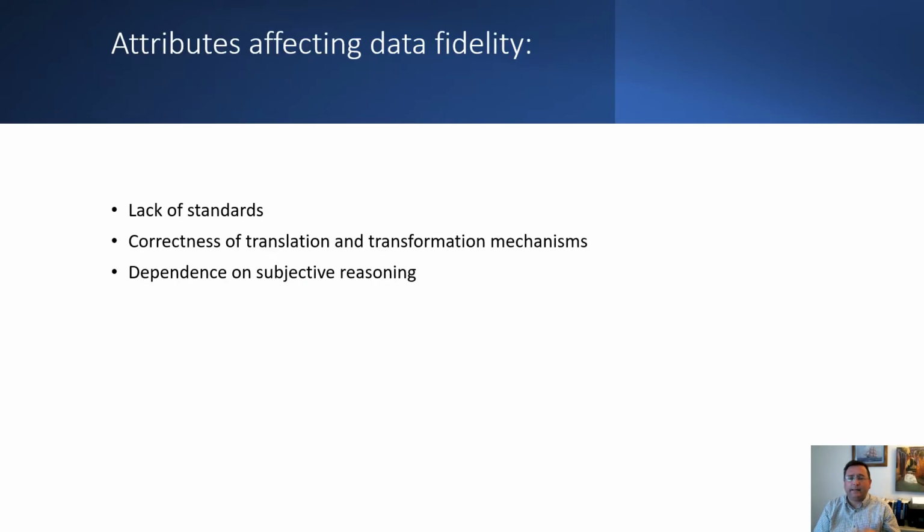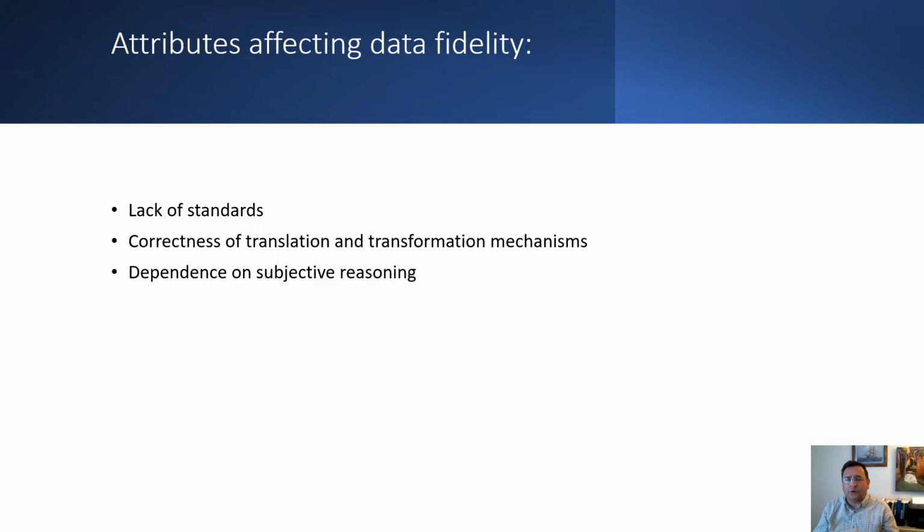And there are many attributes that can impact data fidelity in a cybercrime or digital forensics investigation. First and foremost is the lack of standards. There needs to be a standard to investigate the criminal incident.